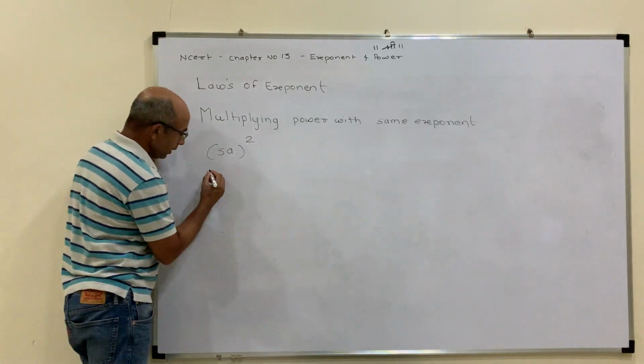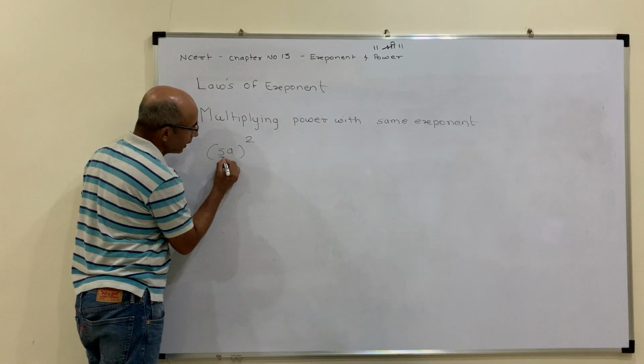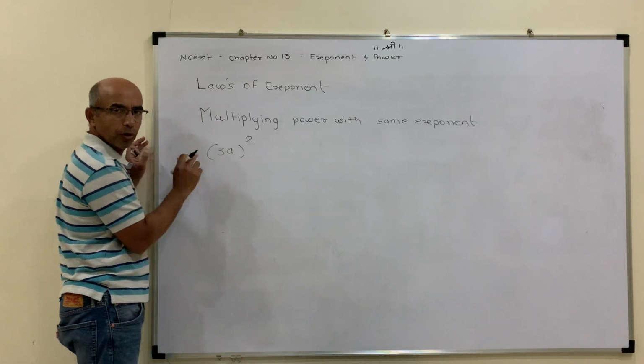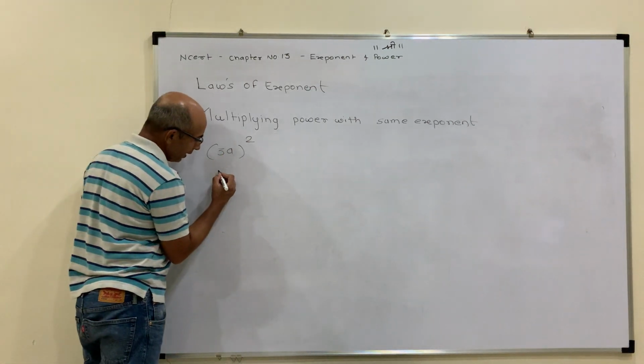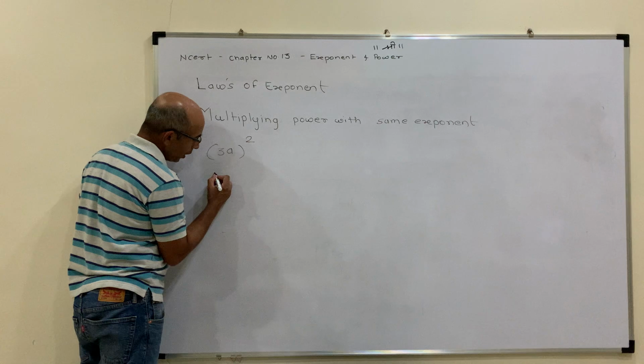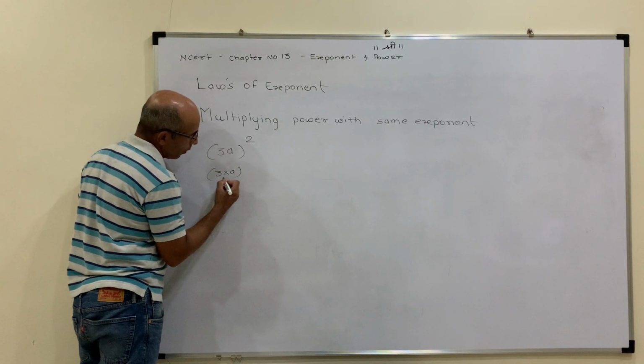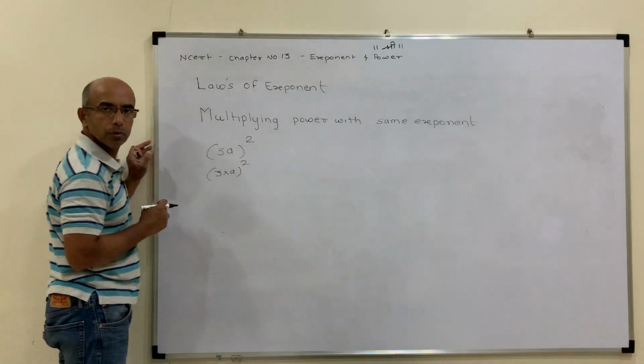What does this mean? See, when there is no sign, no operation mentioned between the coefficient and the variable, you always consider that as 3 into a raised to the power 2.